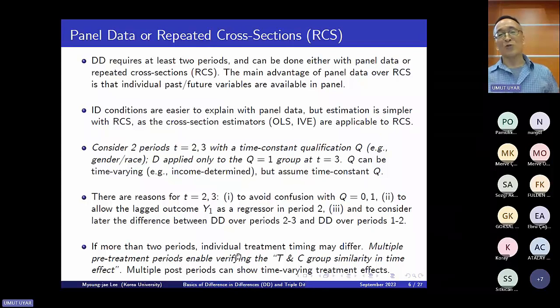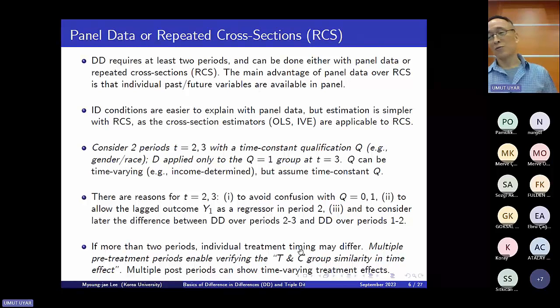If you have more than 2 periods in DD, you can do a couple of things more than the basic DD with 2 periods. One thing you can do is compare past periods across treatment and control groups to check out how similar they are in terms of, say, economic conditions.